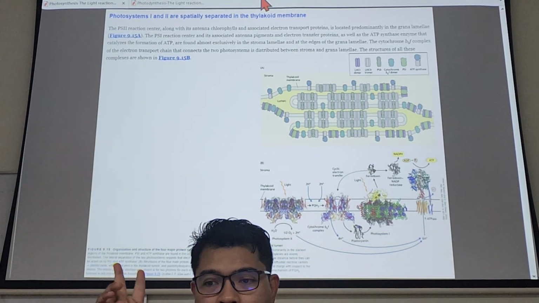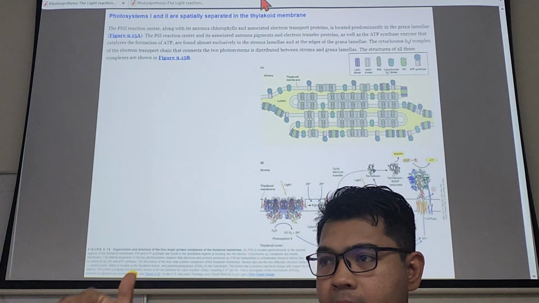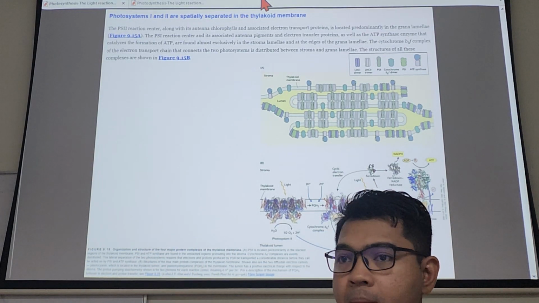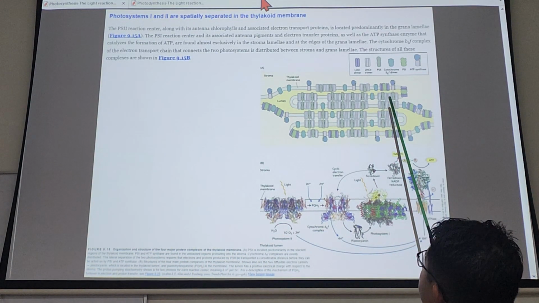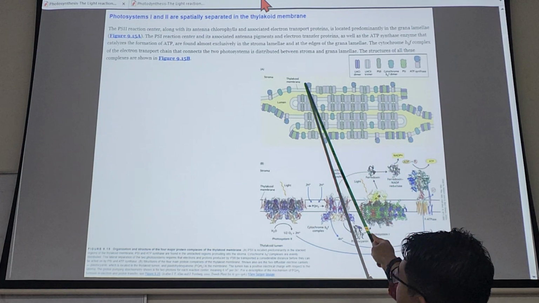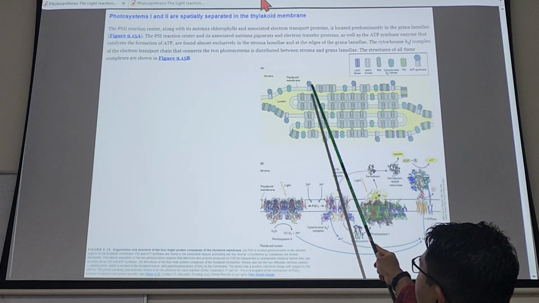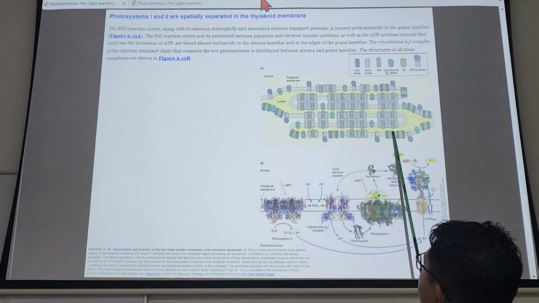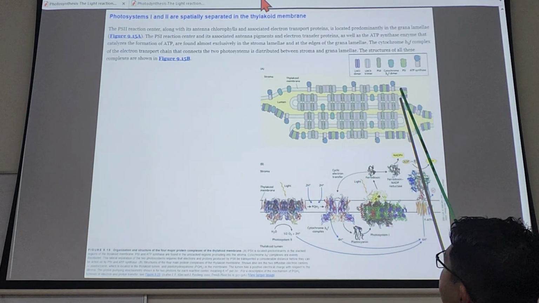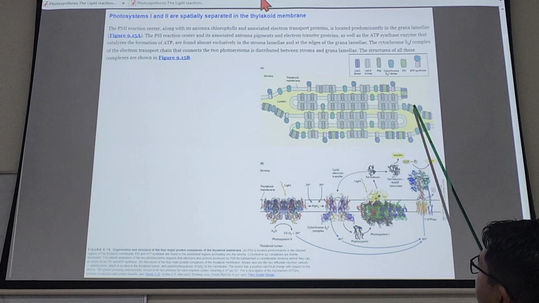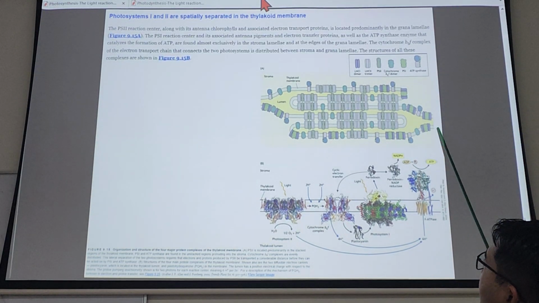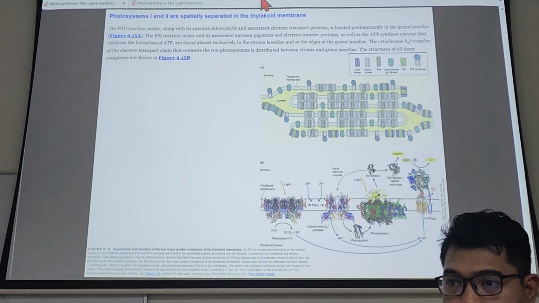You have 2 types of lamellae now: grana lamellae and stroma lamellae. The middle region here is the grana lamellae. This is the one that is stacking here. 1, 2, 3. Grana lamellae. Then you've got the edge of it before you find the stroma lamellae.